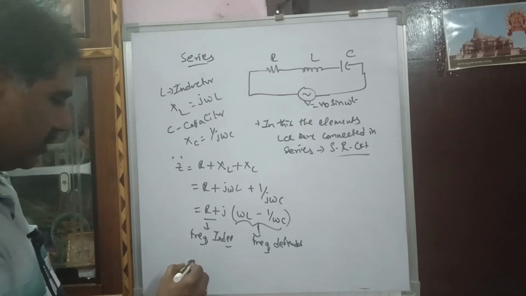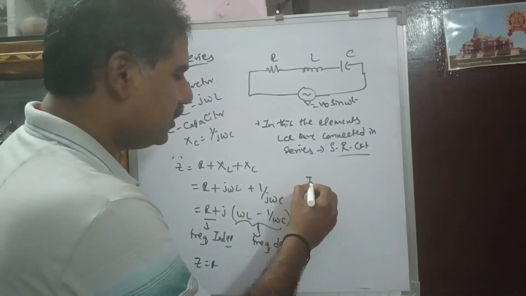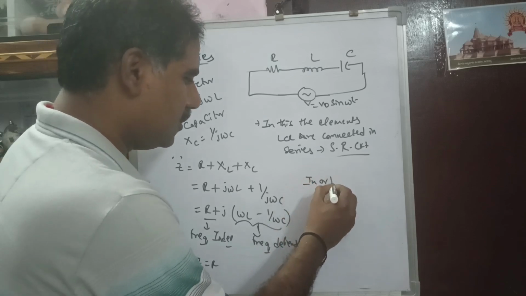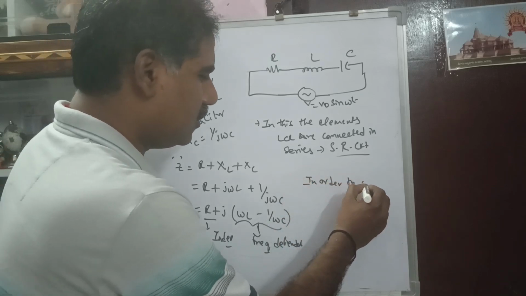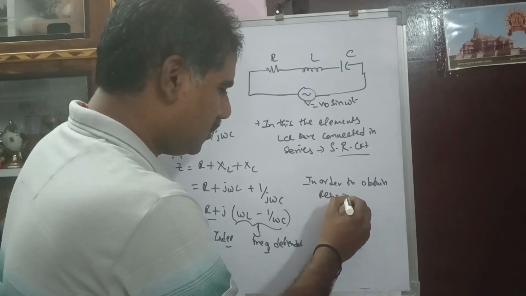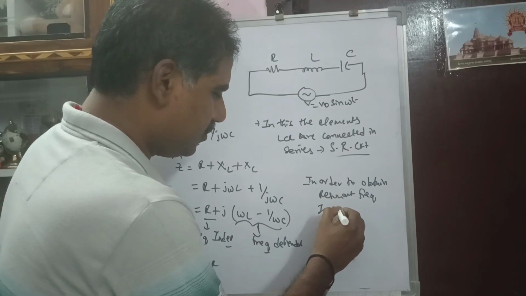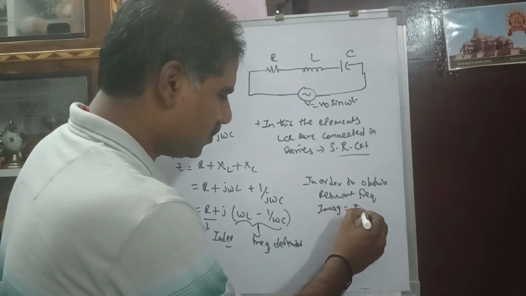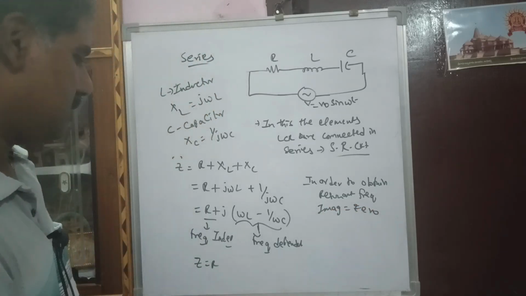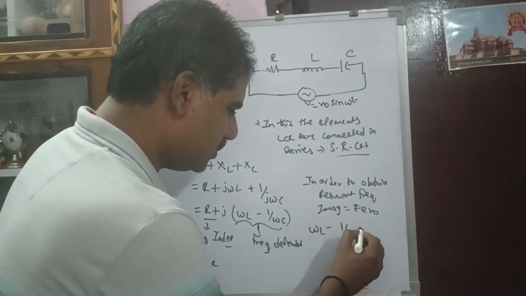In order to obtain the resonant frequency, the imaginary term is equal to 0, so omega L minus 1 by omega C is equal to 0.